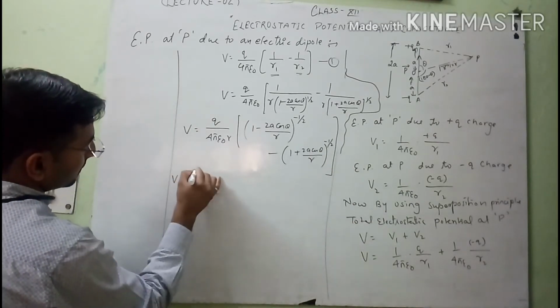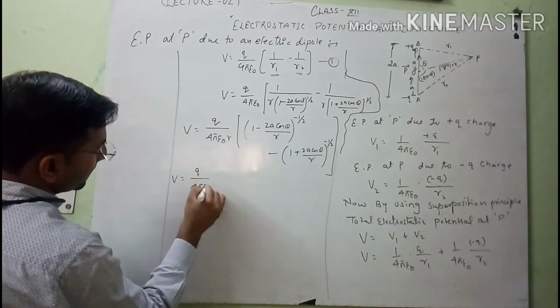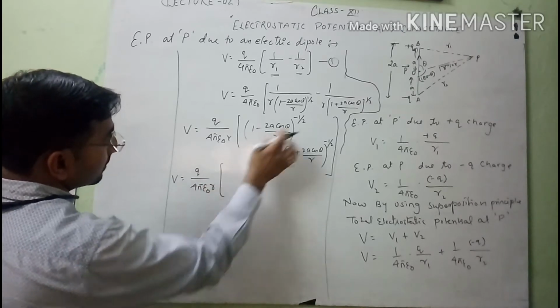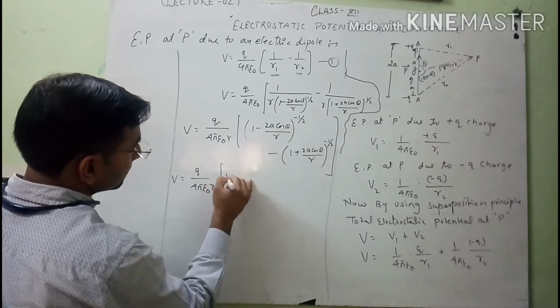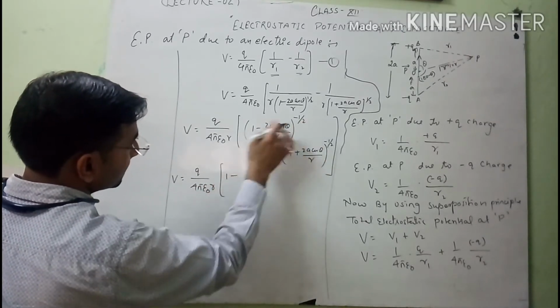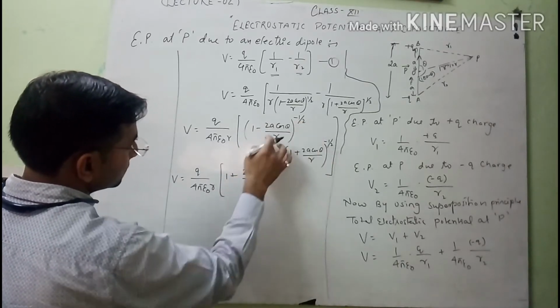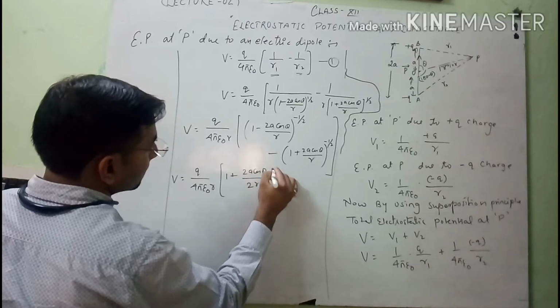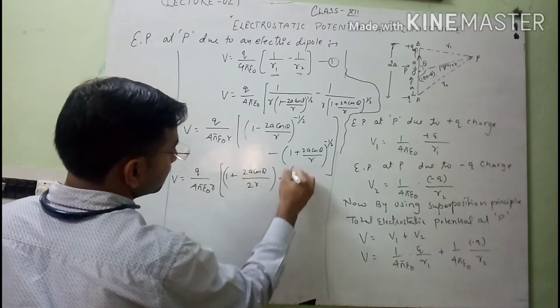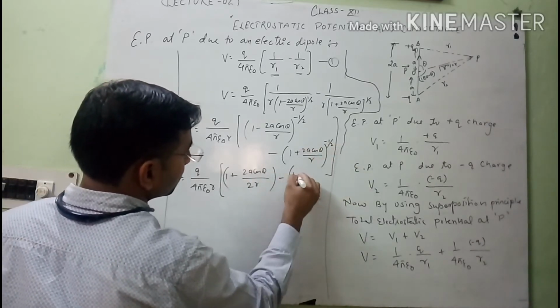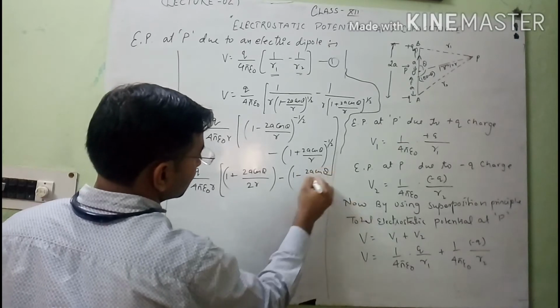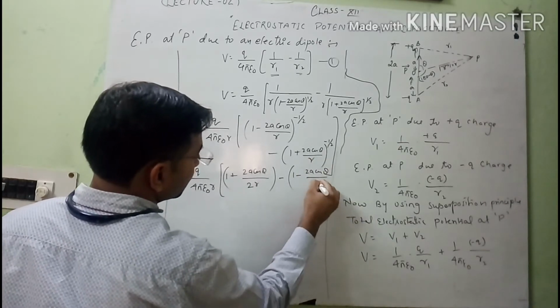So Q over 4 pi epsilon naught R, by using binomial expansion, 1 plus 2A cos theta by 2R minus 1 minus 2A cos theta by 2R.